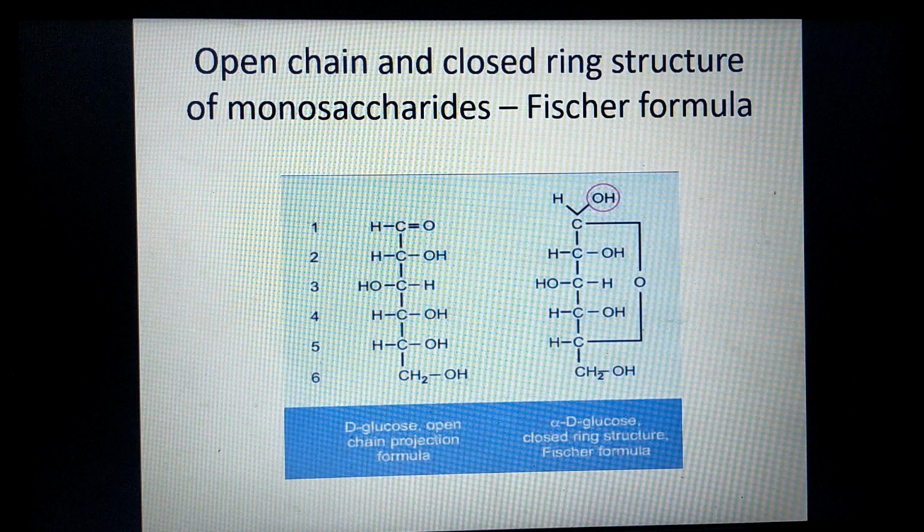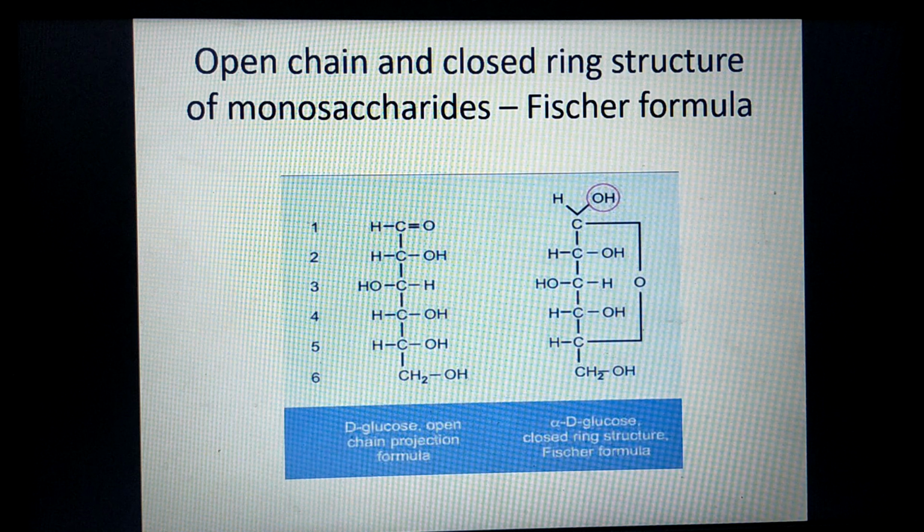In case of hexoses, the fifth carbon is the reference carbon. If the OH group is present on the right side of the reference carbon, then it is called D-glucose. So this is the open chain structure of D-glucose on the left side.